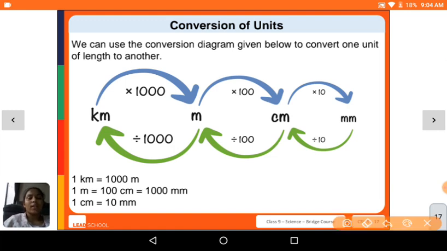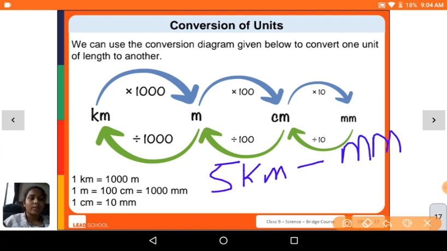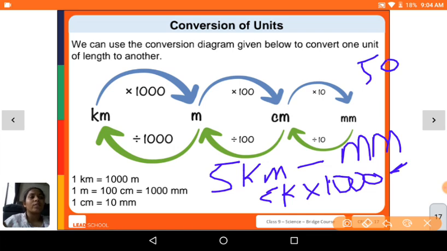So let's take an example. I want to convert 5 kilometer into mm. How will I convert? We need to multiply 5 kilometer by 1000 to convert into meter. So 5 kilometer is now converted into meter, which is 5000 meter, right? Now for 5000 meter I need mm, so meter to centimeter, so I will multiply this by 100.